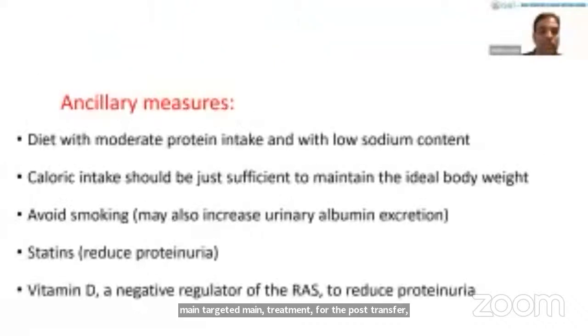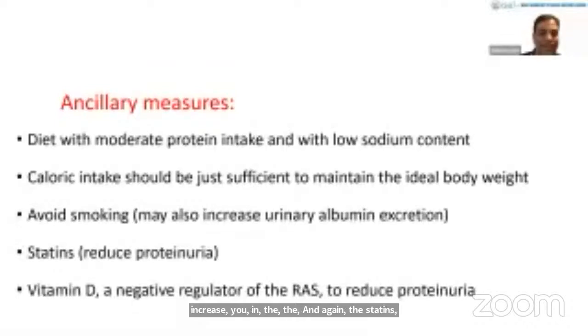Apart from these treatments, there are other ancillary measures, like a diet with moderate protein intake and low sodium content that needs to be monitored, and the calorie intake should be just sufficient to maintain the ideal body weight, because especially in obese patients there are high chances of getting proteinuria. And avoid smoking, which also causes increased urinary albumin excretion.